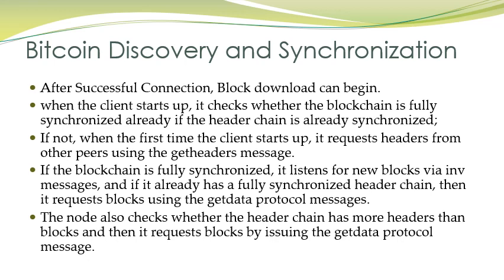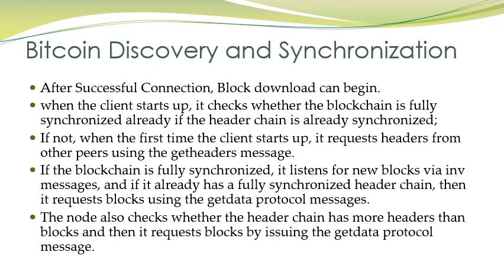If the copy is not synchronized when the node starts up, then it will request the headers from the other peers using the get headers message, and it will check if the blockchain is fully synchronized or not.